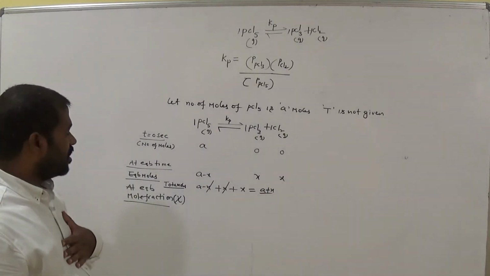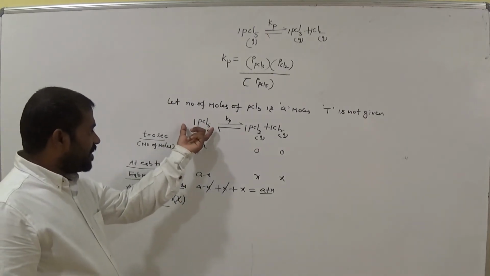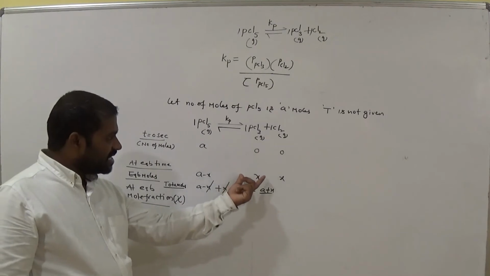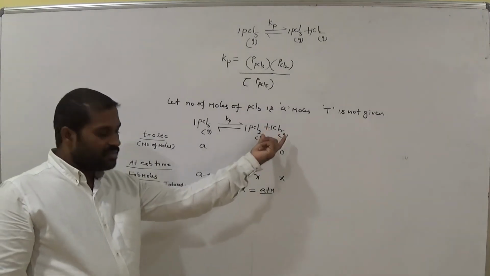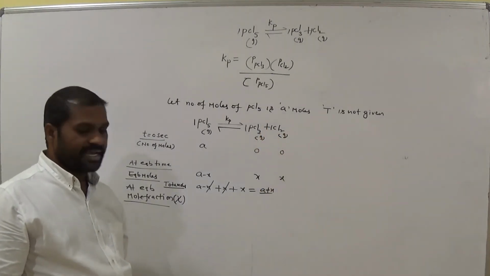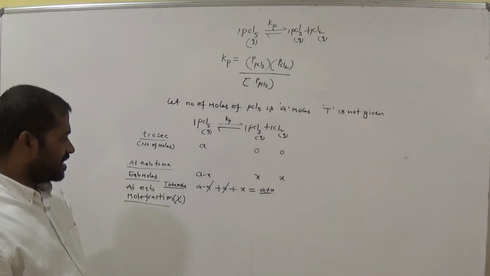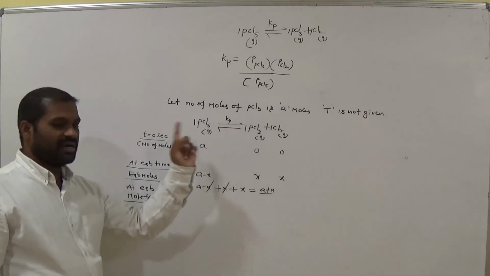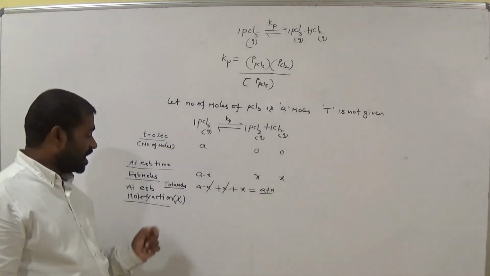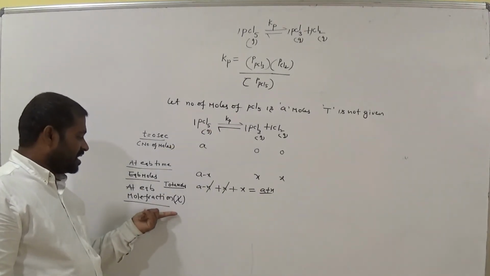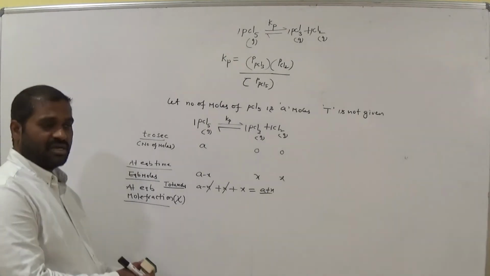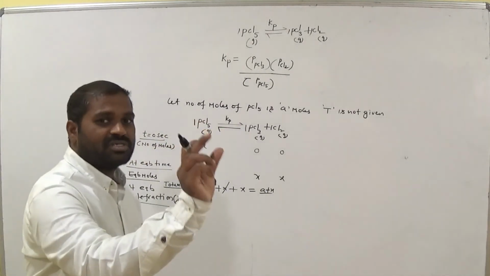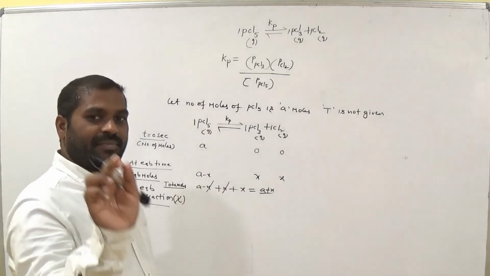Now I know the number of moles of PCl5 at equilibrium is A minus x, the number of moles of PCl3 at equilibrium is x, the number of moles of Cl2 at equilibrium is x. Is it clear? Now I would like to calculate the mole fraction of each component. Mole fraction of xi, as already discussed, is the number of moles of one component by total number of moles.